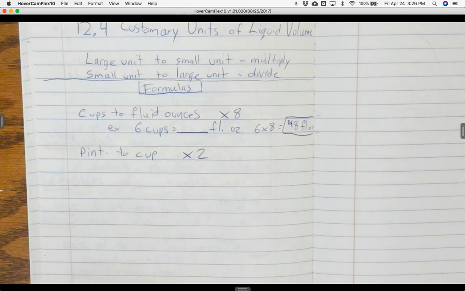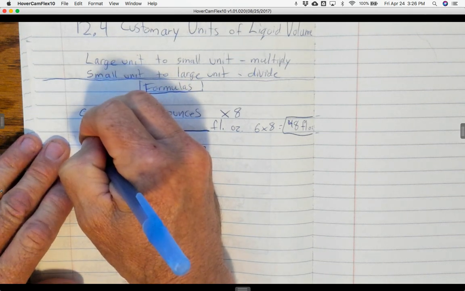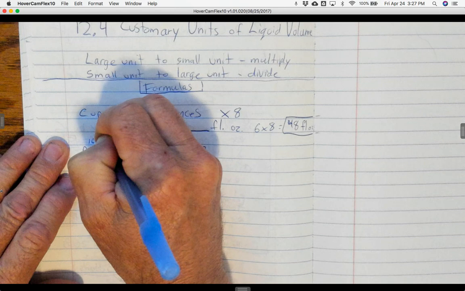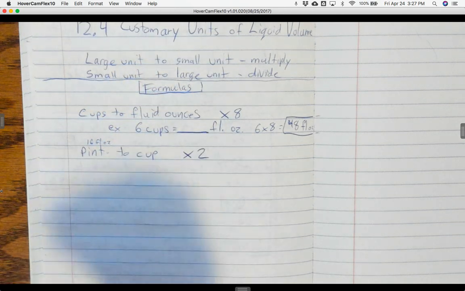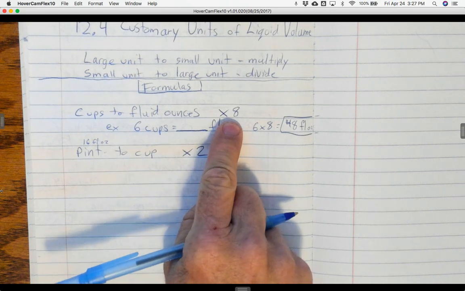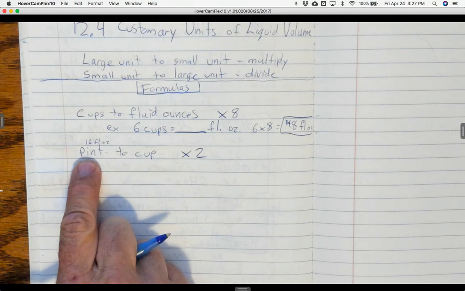Pint to cup times 2. And a pint is 16 fluid ounces. So it is the same as 2 cups, because we know 1 cup is 8 fluid ounces. 2 cups is 16 fluid ounces, and 2 cups is called a pint.